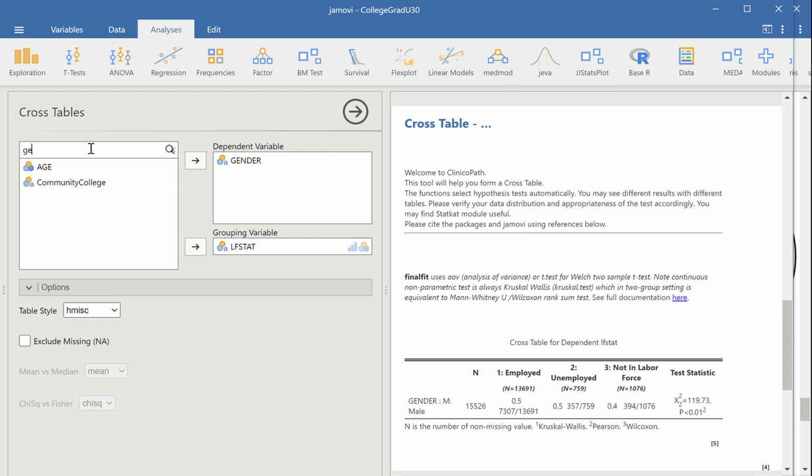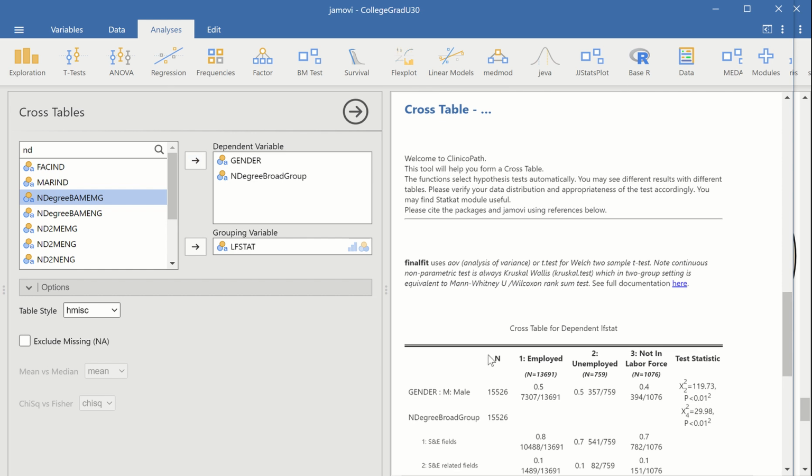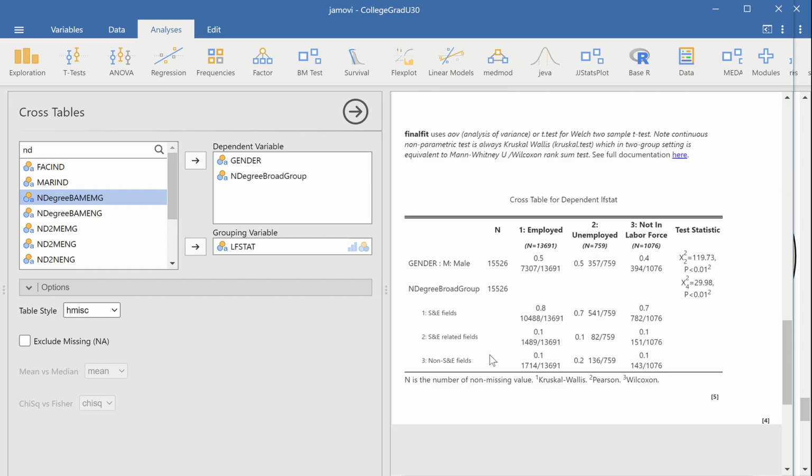We could also look at unemployment by, let's see, by our N degree broad group, and we see here that one of the things is this is running the wrong way for us.